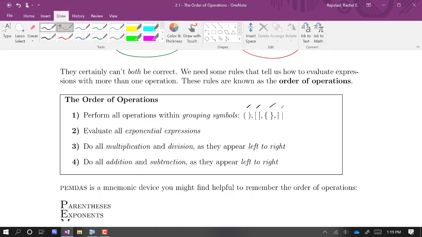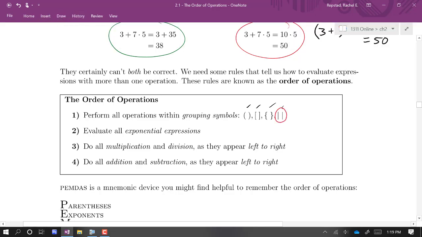The absolute value symbols are grouping symbols, and they're the only ones that have that additional meaning, right? We know that once I have it boiled down to a single number in absolute values, that has its own interpretation. Otherwise, these three are basically equivalent in interpretation.